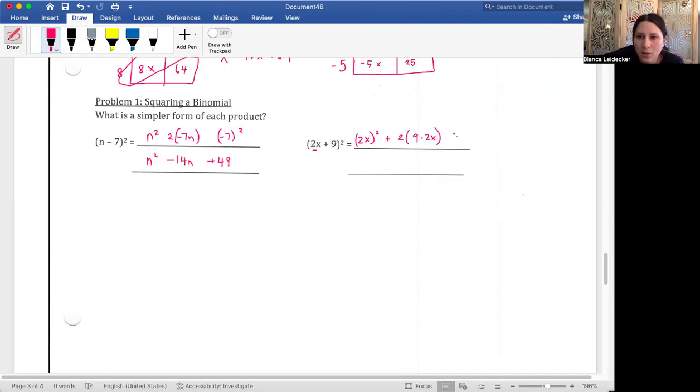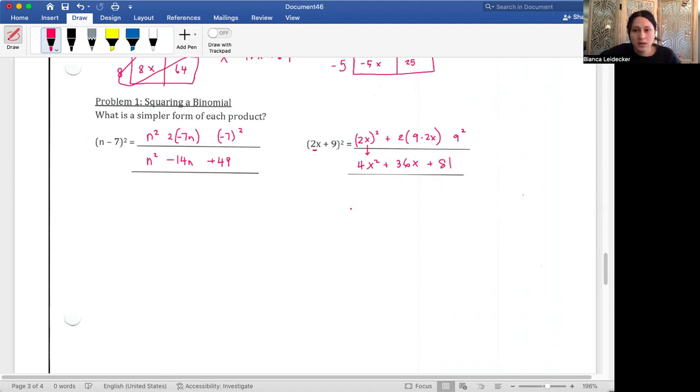And then the last term squared, bring this down. This would be 4x squared. Why is it 4x squared? Because 2x times 2x will make it 4x squared. Then 9 times 2 is 18. 18 times 2 is 36. This would be 36x plus 81.